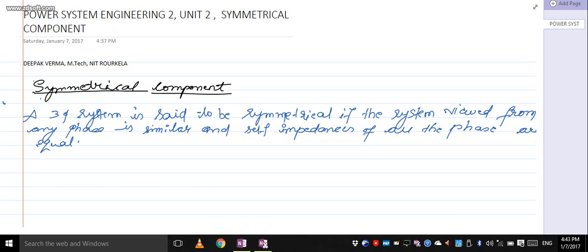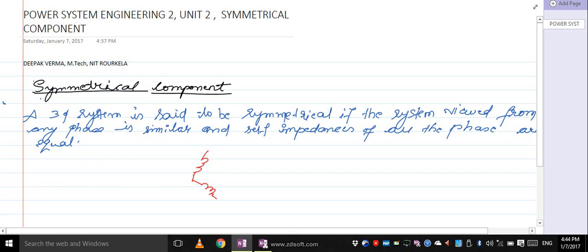Now if I give a simple example, this is a three-phase system, and if it is x x x, then the self impedance when viewed from any phase is the same.